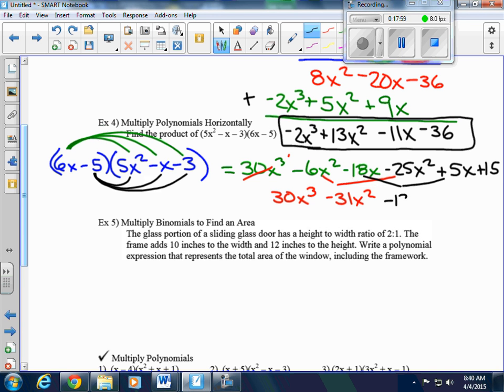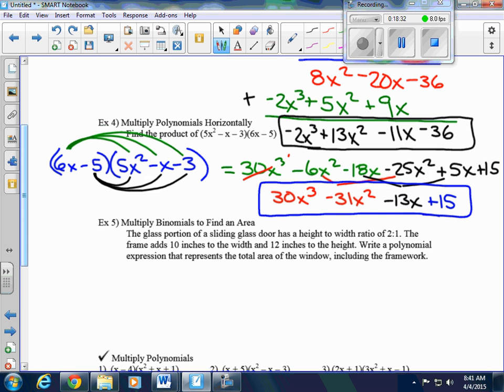That's negative 13x. And then we have the plus 15 left. So there is our answer: 30x cubed minus 31x squared minus 13x plus 15. And that's the answer that we get using the horizontal format. When we do the horizontal format, it's essentially just the distributive property.